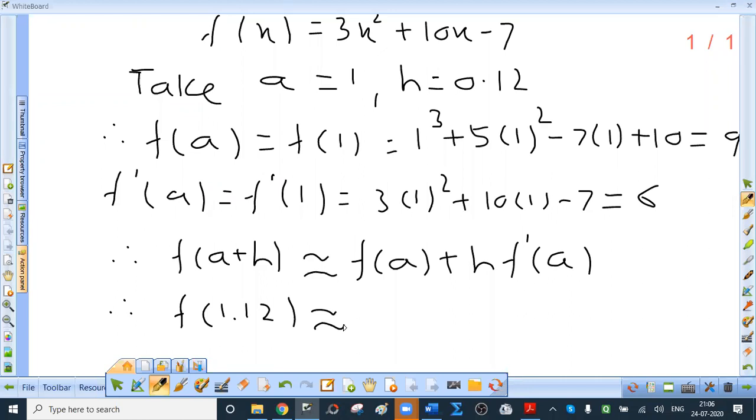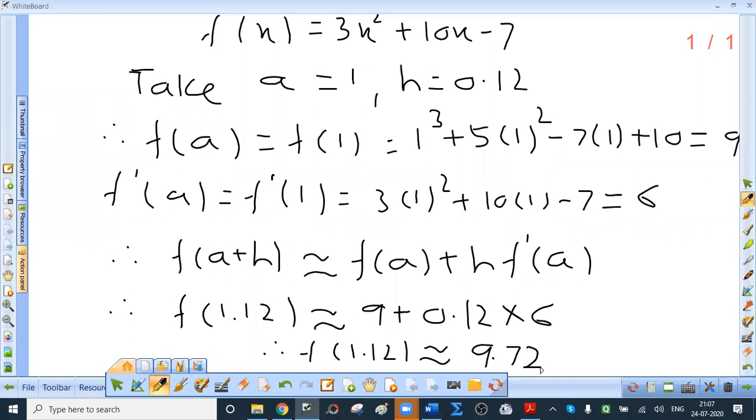So it is 9 plus 0.12 into 6. So f of 1.12 is approximately 9.72.